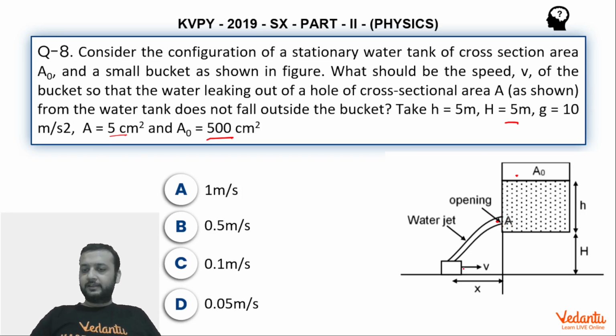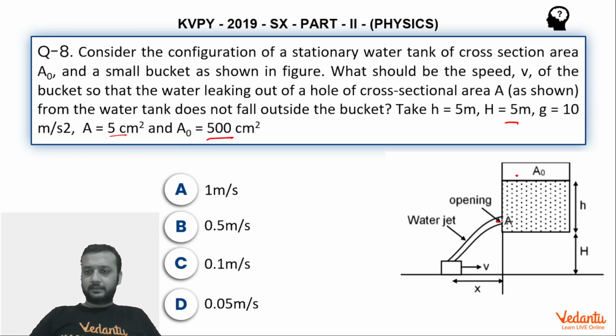So we have to find the velocity of this bucket so that the water coming out always falls on it. Remember, as I told you, we will assume that this tank is open, then only we can apply Torricelli's equation, because in applying it, the pressure outside the opening and the pressure above the free surface must be the same.